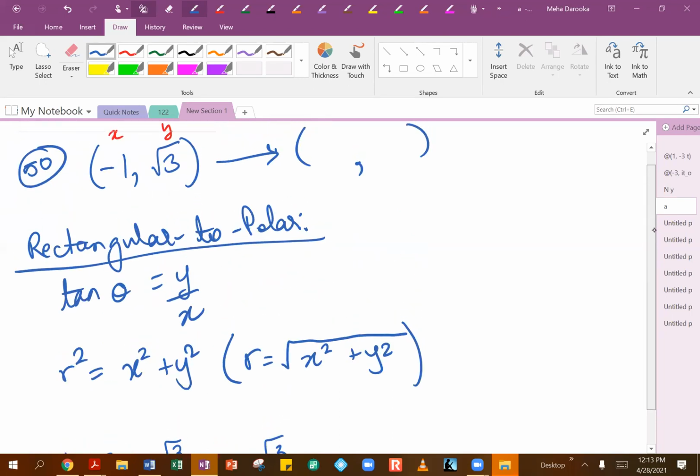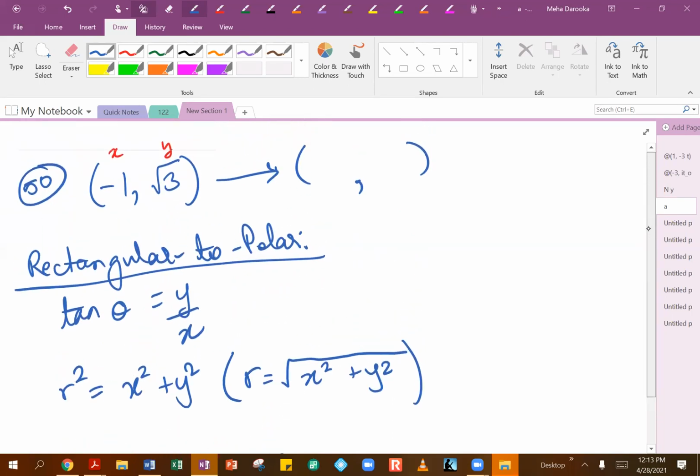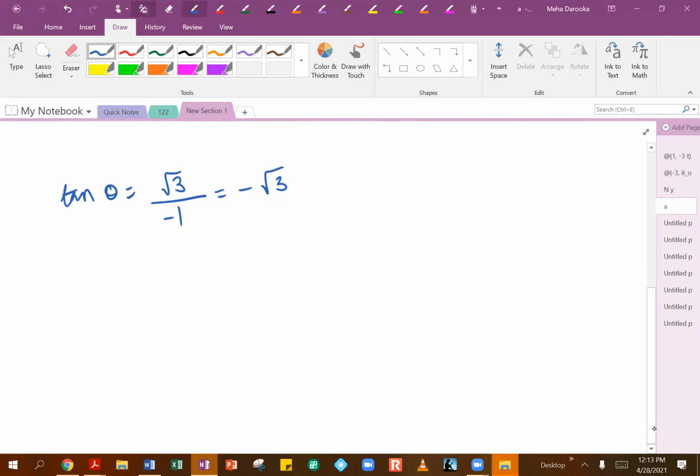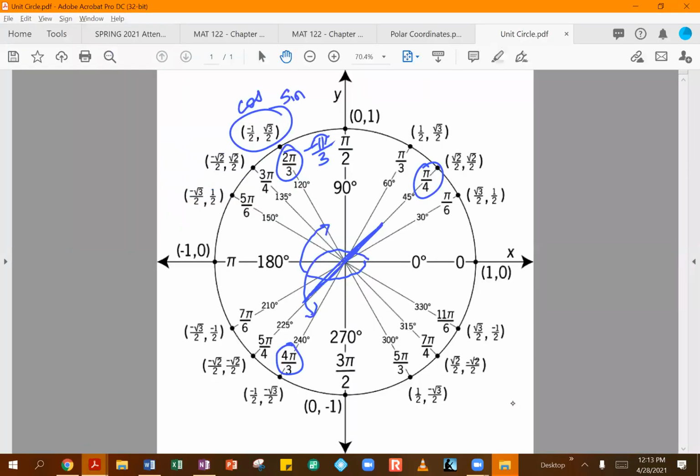So this one, you can actually use the unit circle to see for which angles our theta is going to give us a tangent value of negative square root of 3. So what do you think our theta should be? For which angles is your tangent function going to be negative square root of 3?